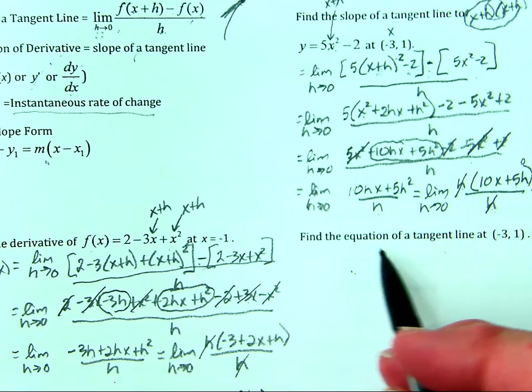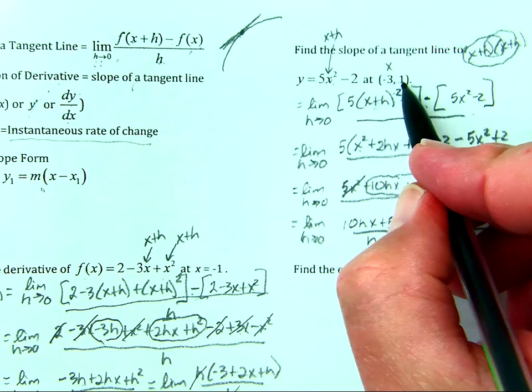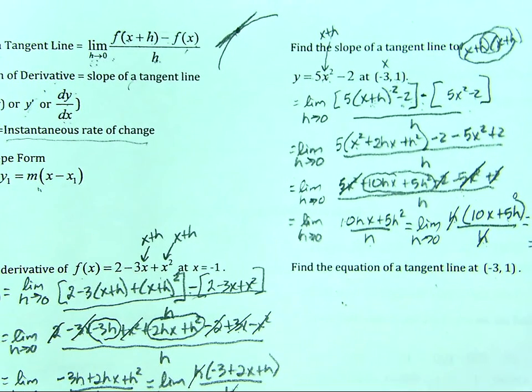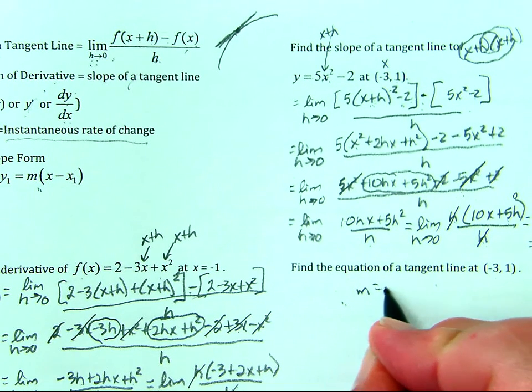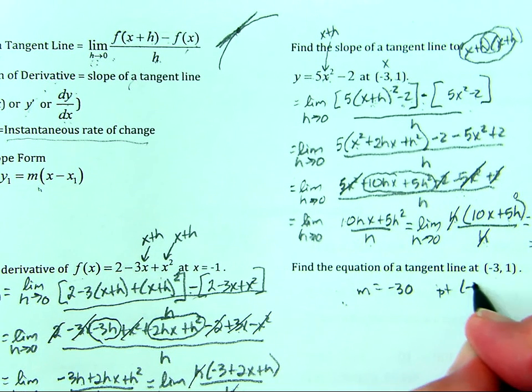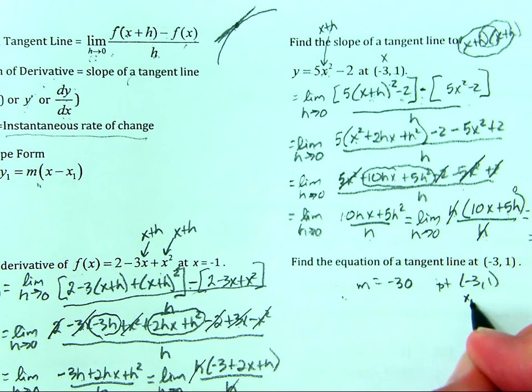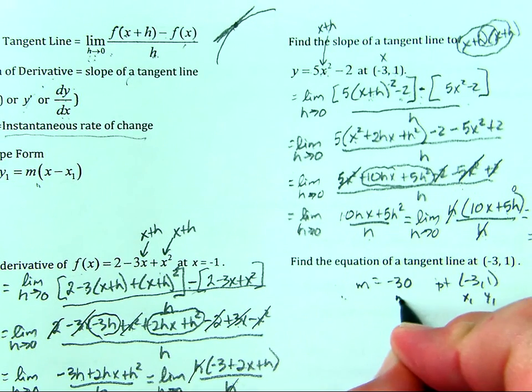So like here, it says, find the equation of a tangent line at negative 3, 1. Well, that's what we did up here. Negative 3, 1. So here we found out our slope was negative 30. Our point we know is negative 3, 1. Let's plug that into our point-slope form. So this is x1 and y1, and this is our slope.